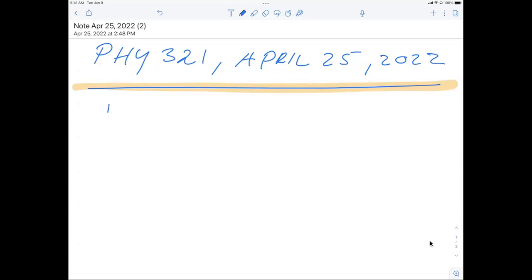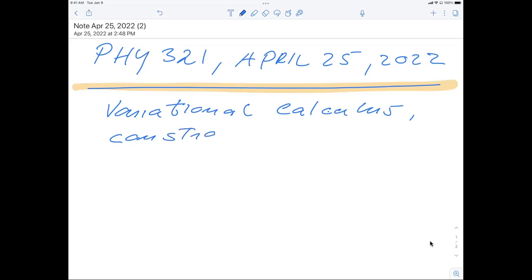So let's bring this up again. So this is variational calculus with constraints: constraints, Euler-Lagrange, and Lagrangians.